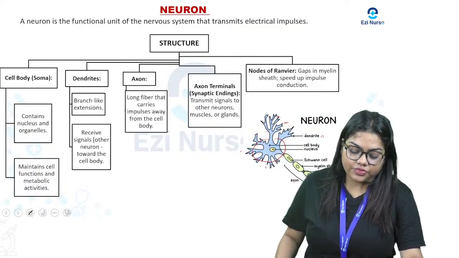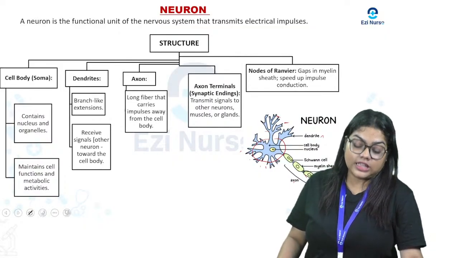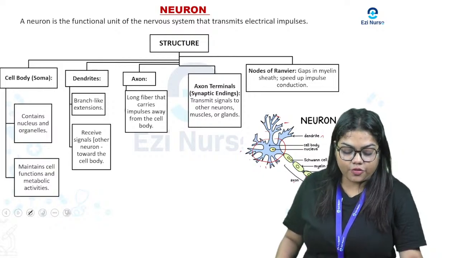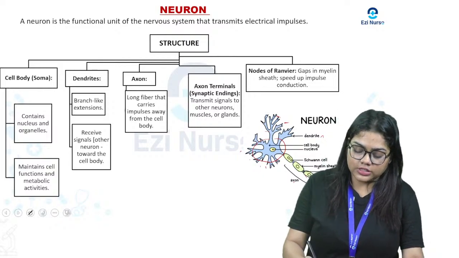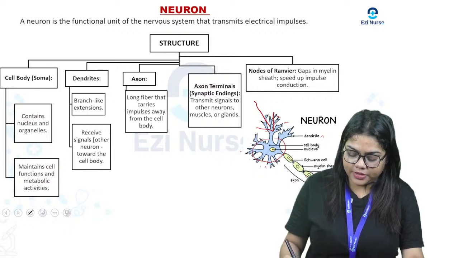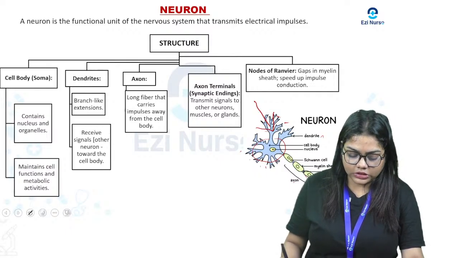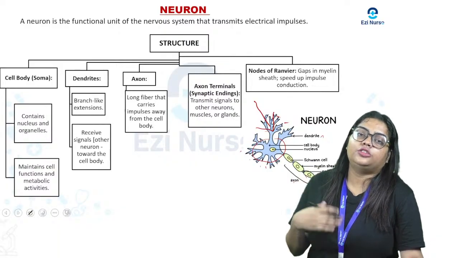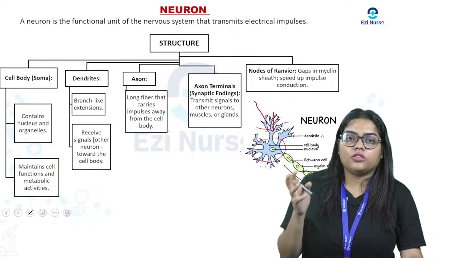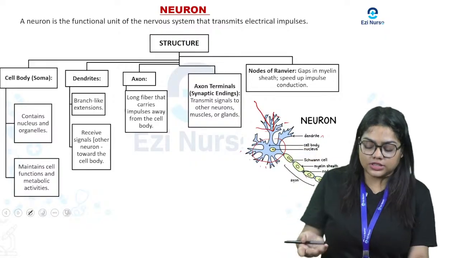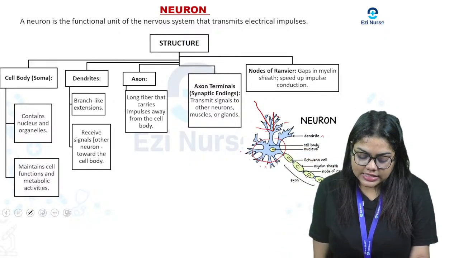Next is axon, which is a long fiber that carries the impulses away from the cell body. So dendrites accept the impulses, and the axon passes the impulses away from the cell body.